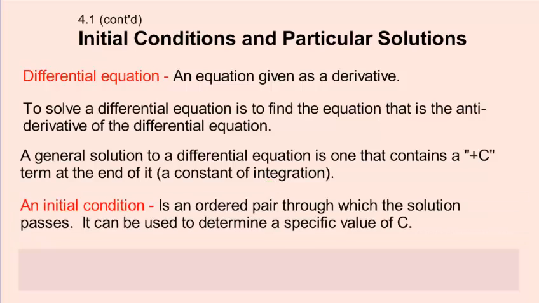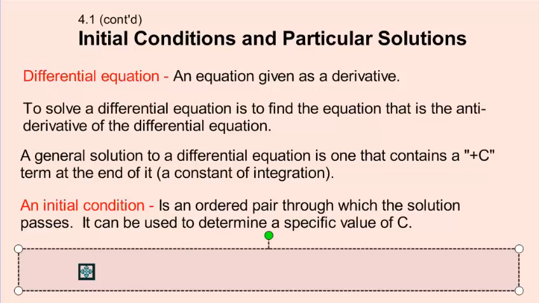An initial condition, this is a new phrase perhaps, it's an ordered pair through which the solution passes. It can be used to determine a specific value of c. So if they give you some information such as, oh, by the way, when x equals 4, f of x equals 10, you can go in, plug in 10 for f of x, 4 for x, leave your plus c in there, and then solve for c and get an actual, what they call, particular solution.